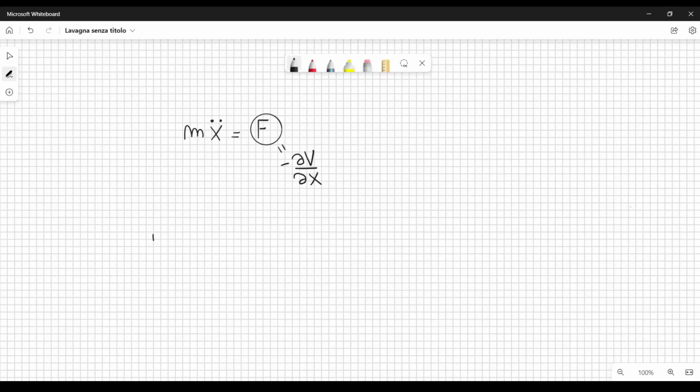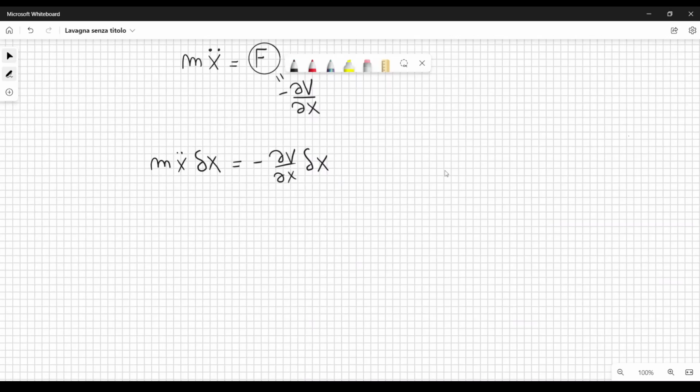Now we can multiply both sides of this equation by delta x, so the variation of the position, minus dV over dx delta x here as well. Now we can also multiply by the differential of time, and we can integrate along some path.